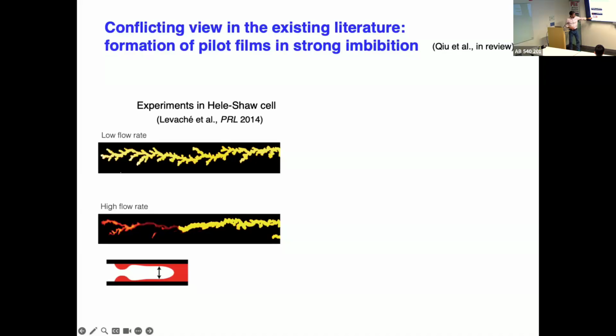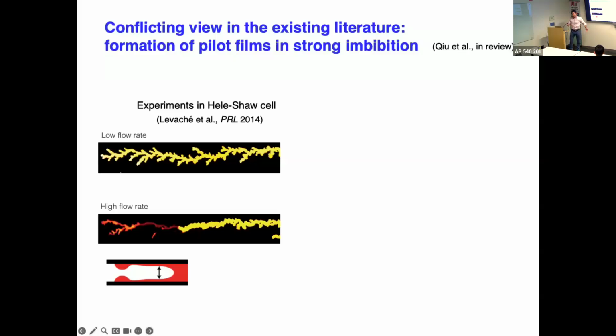They saw that the fluid is going from right to left, and at low flow rate, you have sort of this compact-like displacement in the thickness dimension. But then at some point, you undergo this wetting transition, but in a very different way. By forming a pilot film of the wetting fluid ahead of the meniscus, completely incompatible, like diagonally opposite to the behavior that we had observed and that our model predicts.